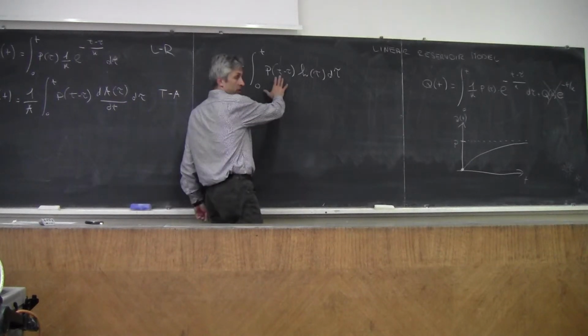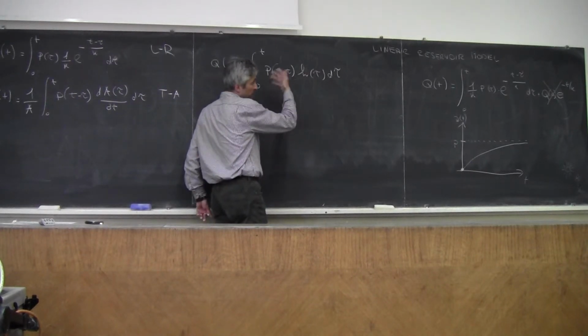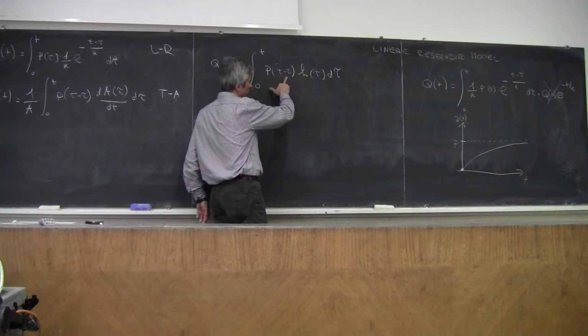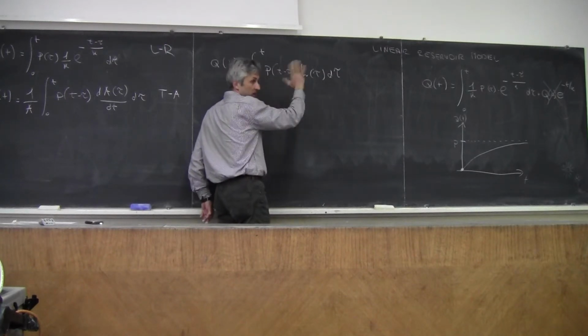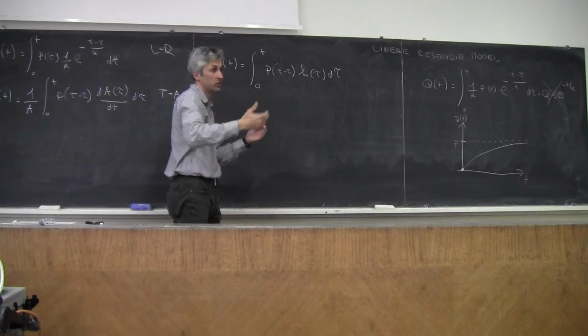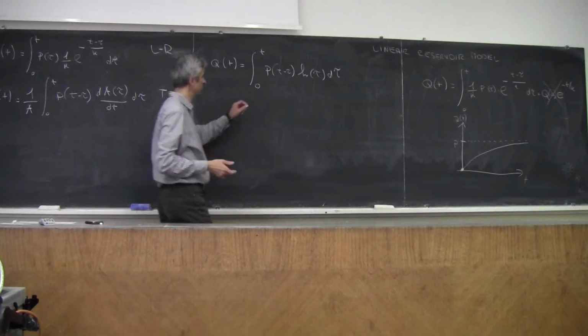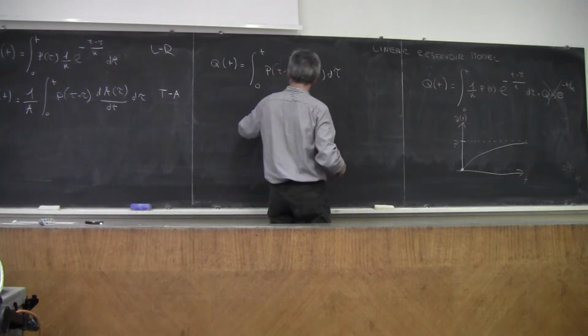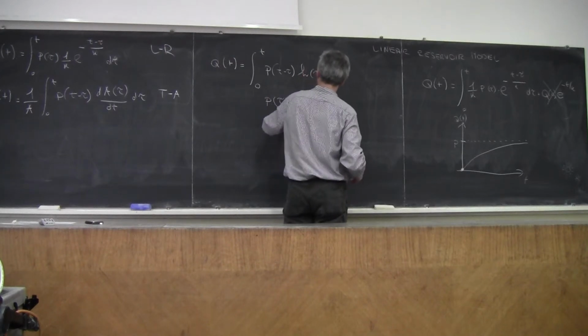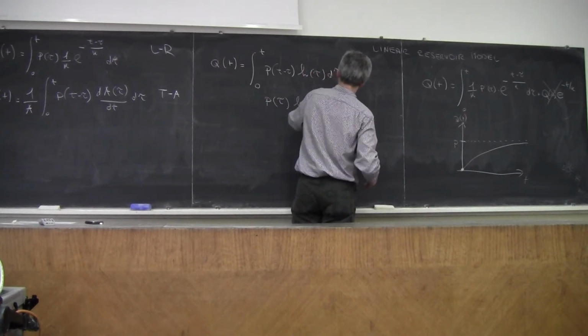You could write it in this way, or to make it even simpler, you could also write p(tau) h(t minus tau) d tau, because with a change of variable you can also write it in this way.